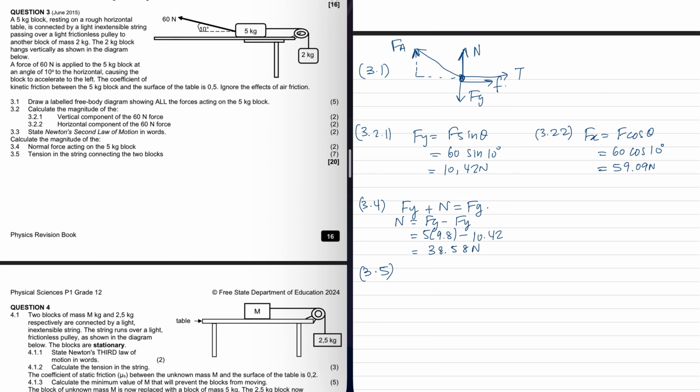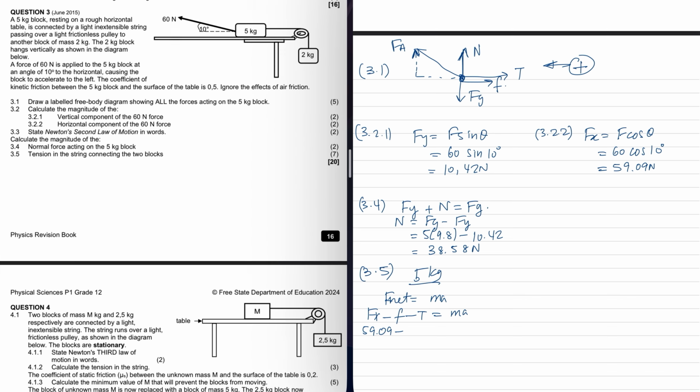And lastly, question 3.5, calculate the tension connecting the two blocks. Once again, we need to do simultaneous equations. I'm going to choose left as positive. So I'm going to apply F net equal MA for the 5 kilogram block. You have Fx minus friction minus tension equals MA. Fx is 59.09 minus the friction, which we can calculate.